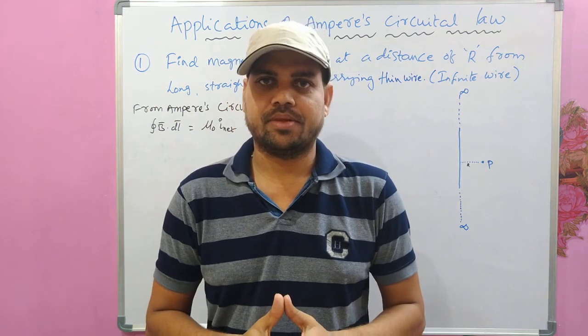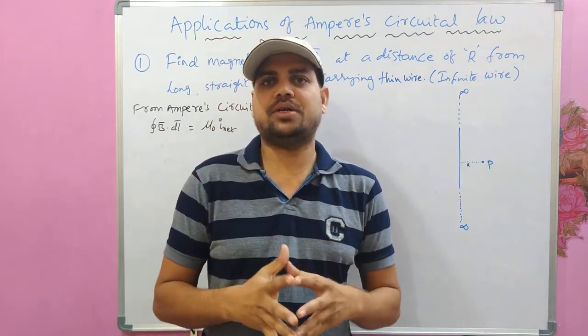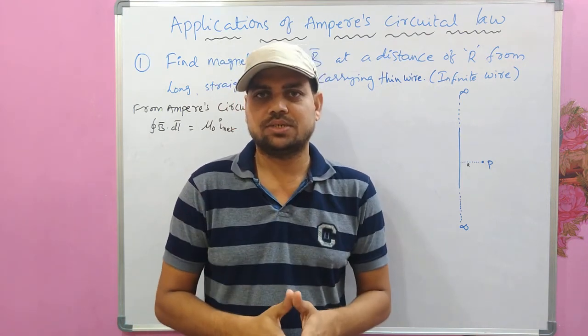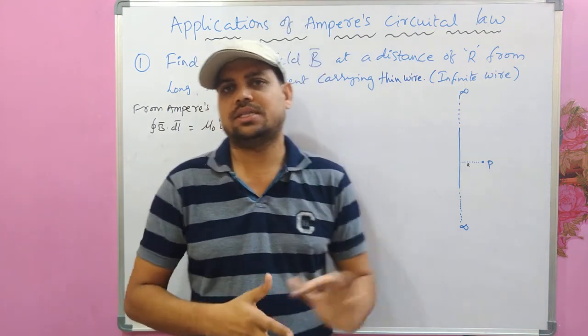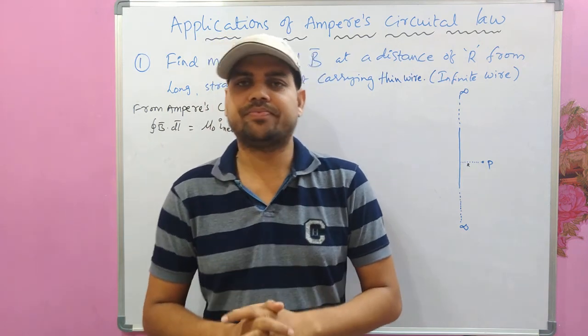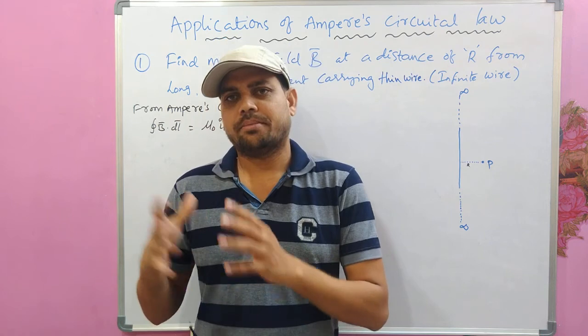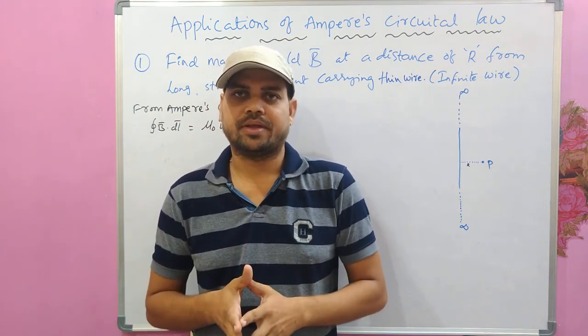law. In the previous video lecture, I have thoroughly discussed Ampere's circuital law. If you have not watched it, do watch it so that it will be easy for you to understand this lecture. Okay, so in the beginning of this chapter, we calculated magnetic fields produced by current carrying conductors using Biot-Savart's law. Right?